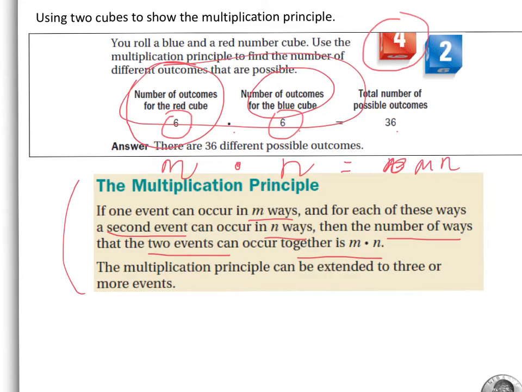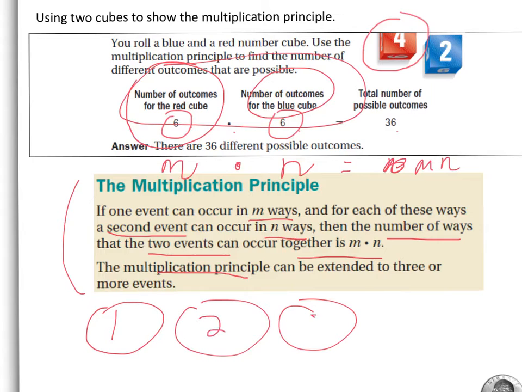The multiplication principle can be extended to 3 or more events. Let's say you rolled 3 coins, then you would have 2 times 2 times 2, which equals 8 possible outcomes.